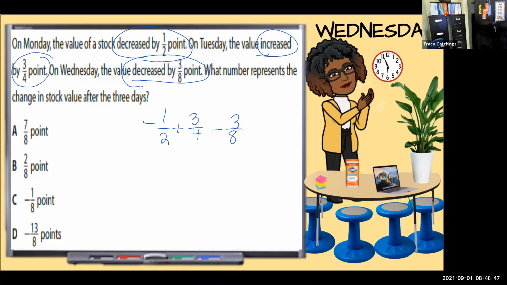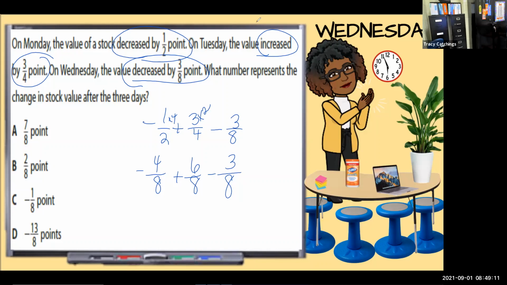Okay, so what's the common denominator? 8. 4 times what? 2. 2 times what? 8. All right, now what? I see a lot of different signs, right?